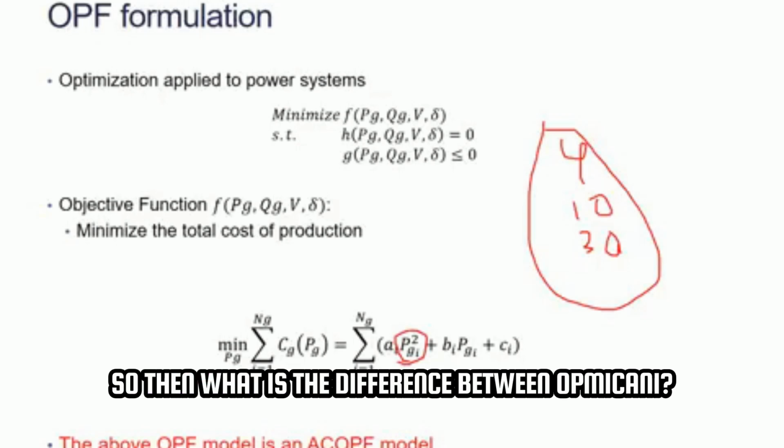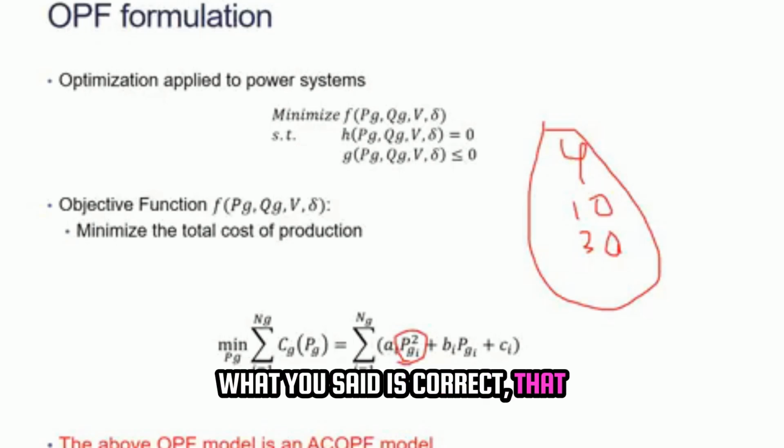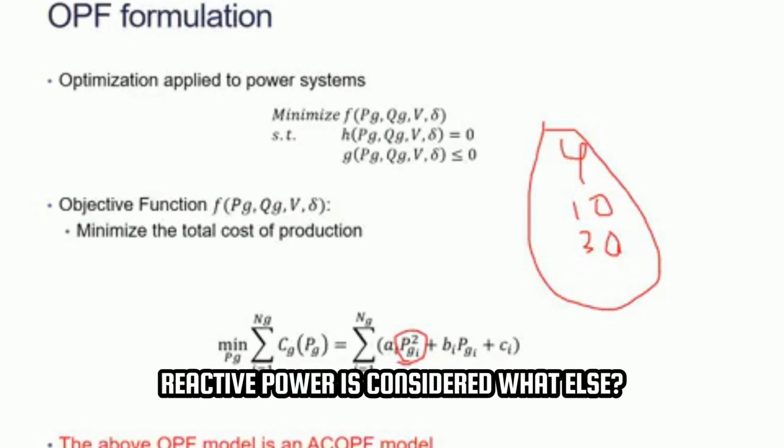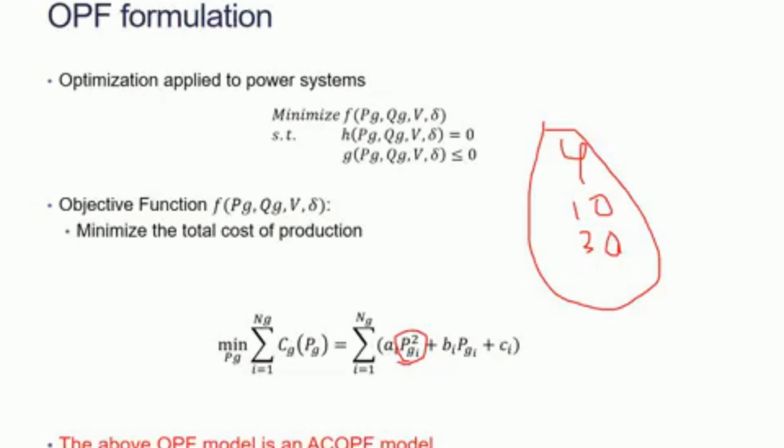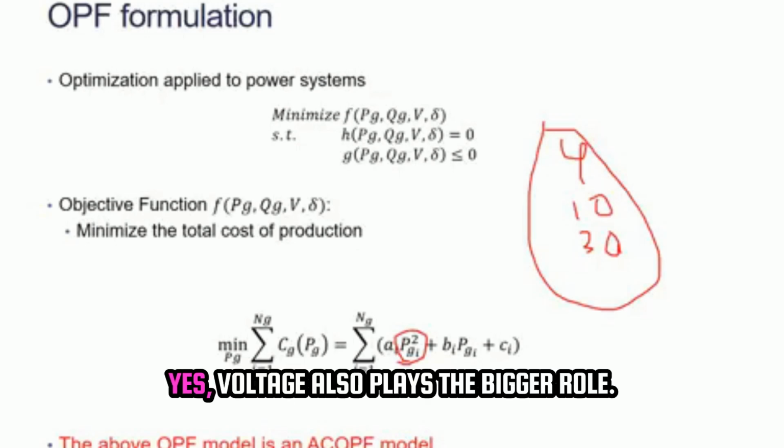But then what is the difference between OPF and economic dispatch? One, what you said is correct, that reactive power is considered. What else? Yes, voltage also plays a bigger role.